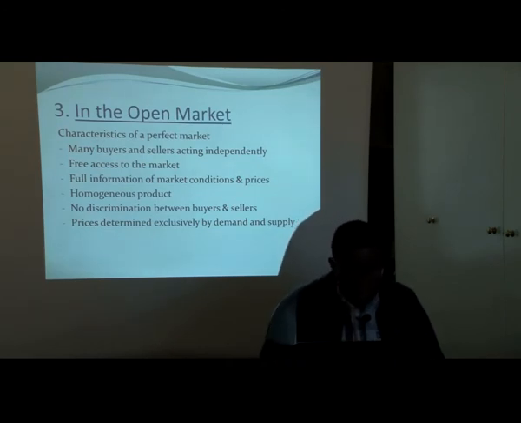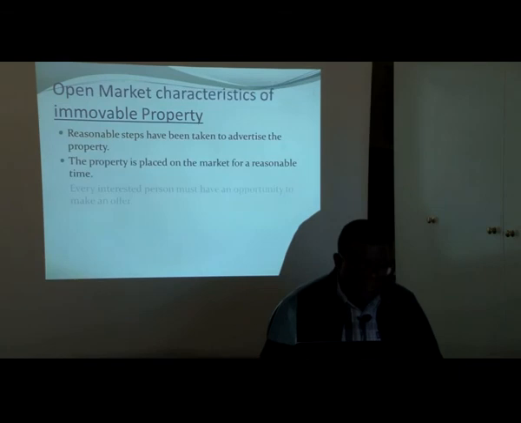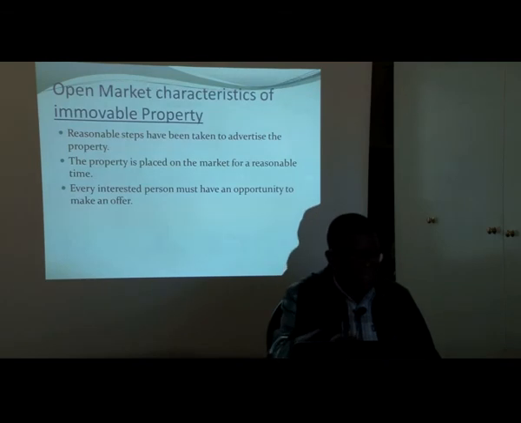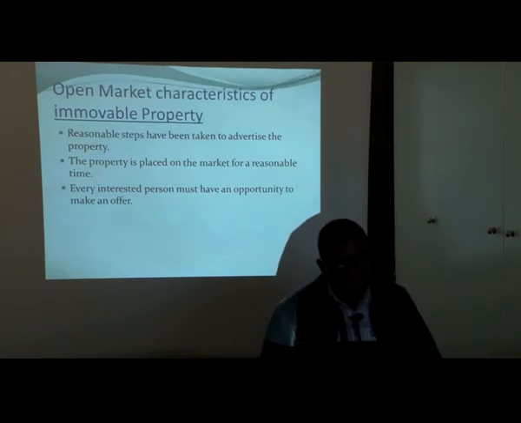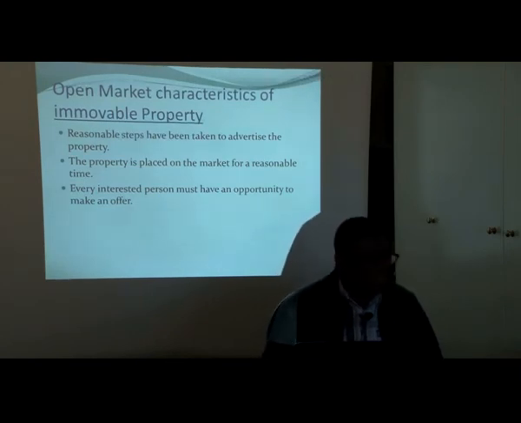That's why the property market itself is imperfect and, strictly speaking, can never be open. However, the market for property, which is immovable, is only made perfect when these three conditions exist, like we had. Reasonable steps have been taken to advertise the property.